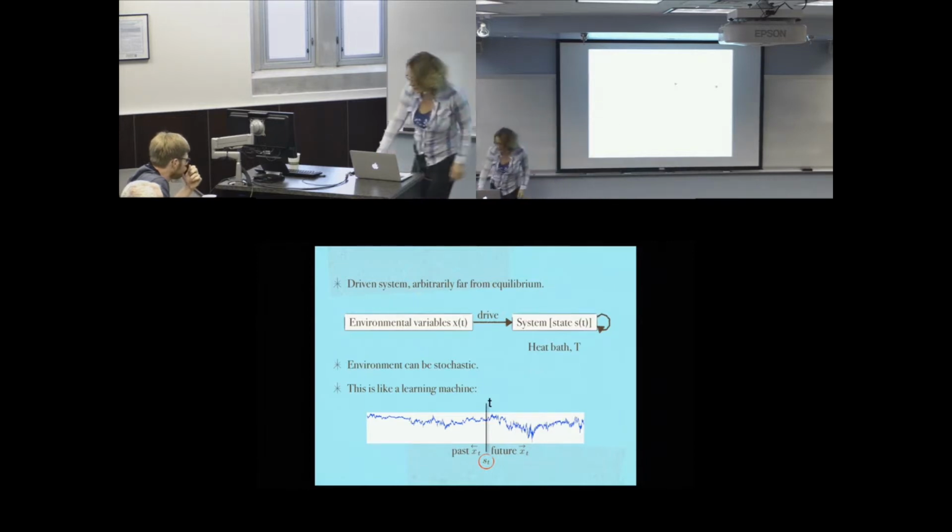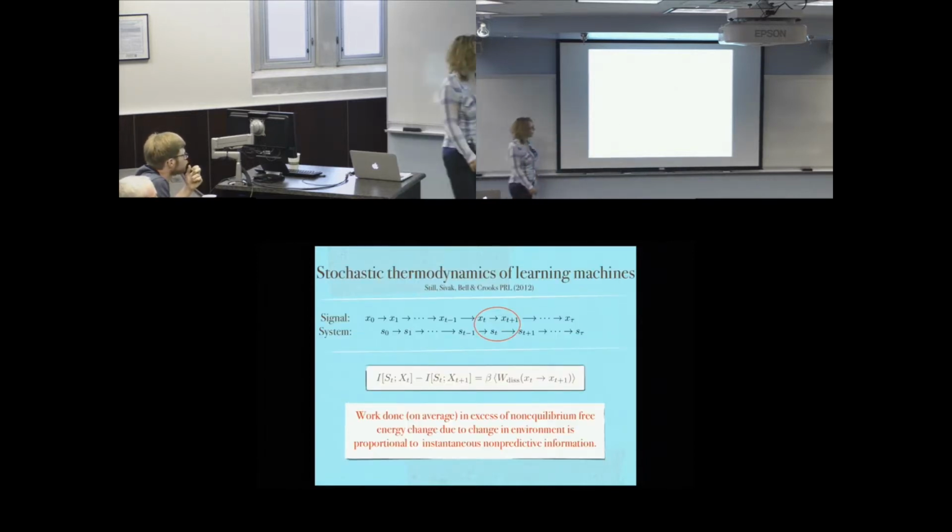If you then look at the stochastic thermodynamics of these learning machines, this is what you find. Here are the signal variables evolving in time. This is discrete time now. Again, this makes things much simpler for me. You could do it in continuous time, but then you have to use a master equation and so on. This is the system variables running in discrete time.